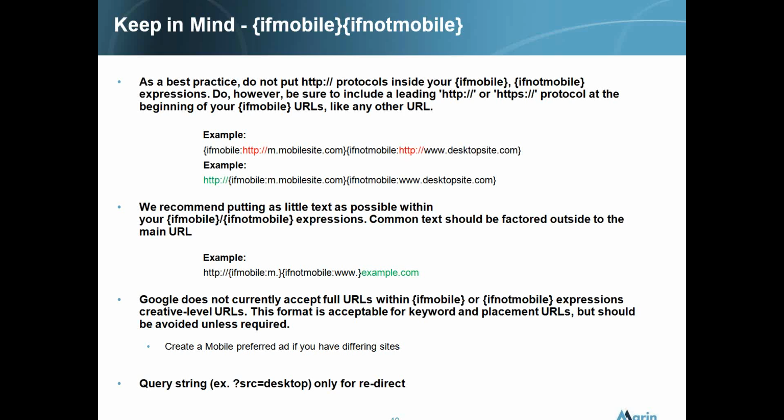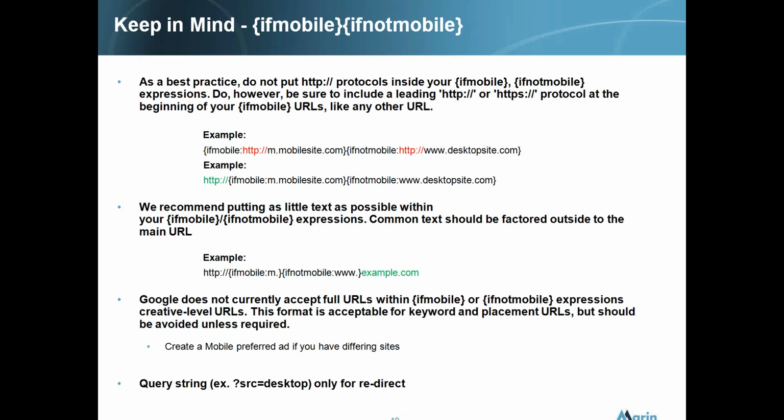So the if mobile and the if not mobile are going to basically take the place of your current destination URL, and then have the HTTP protocol before that. I think you may have noticed that there are a few different examples that we are using when showing the if mobile, if not mobile parameter. Our recommendation is to put as little text as possible within the expression.